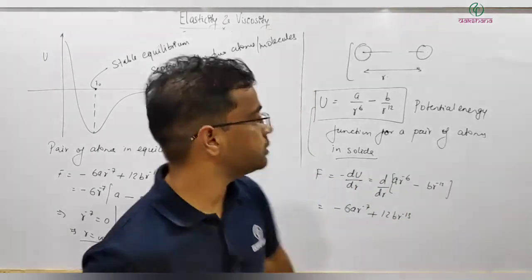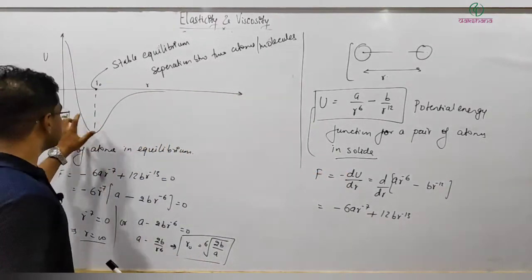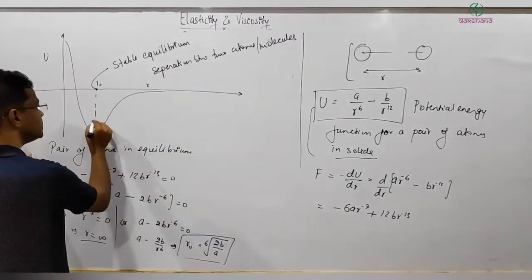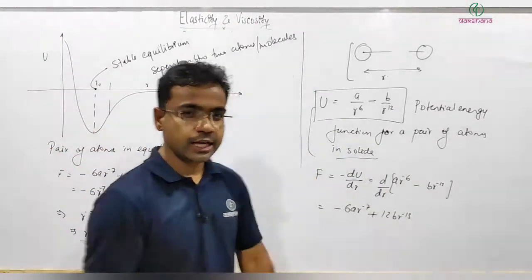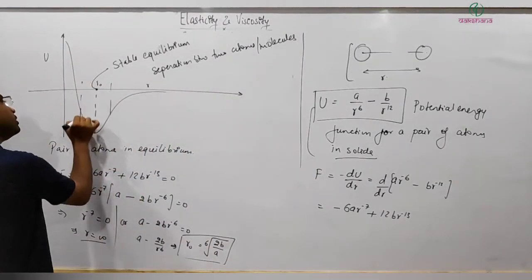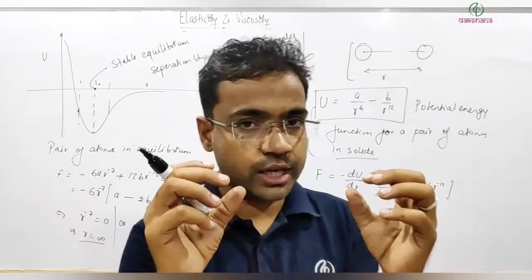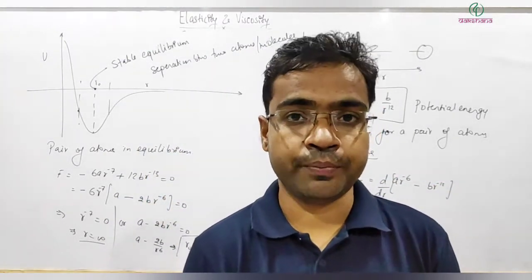So if they are being pulled apart, the system will shift towards this side. Similarly, if they are being compressed, the pair of atoms will shift to this side. They will not be staying in equilibrium anymore.